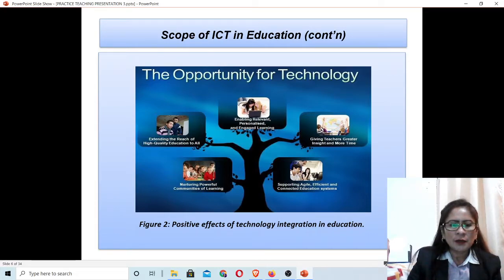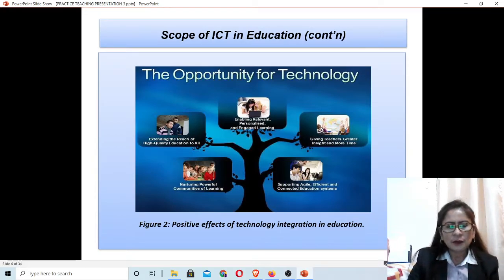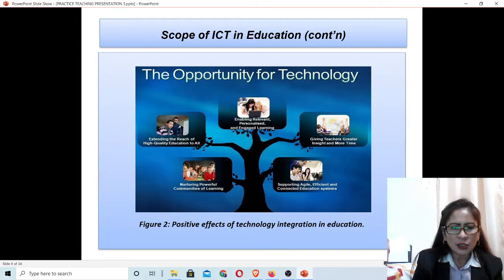Figure 2 shows the positive effects of technology integration in education. We have opportunities of technology enabling relevant, personalized, and engaged learning, giving teachers a greater insight and more time, supporting agile, efficient, and connected education systems, nurturing powerful communities of learning, extending the reach of high-quality education to all.